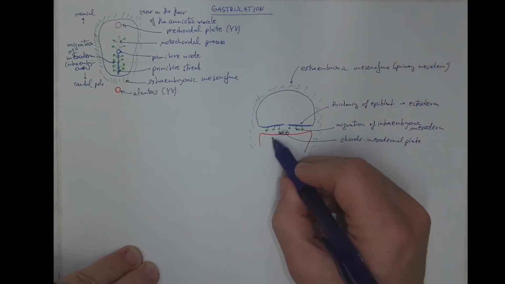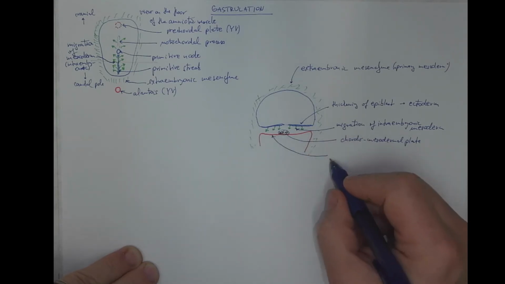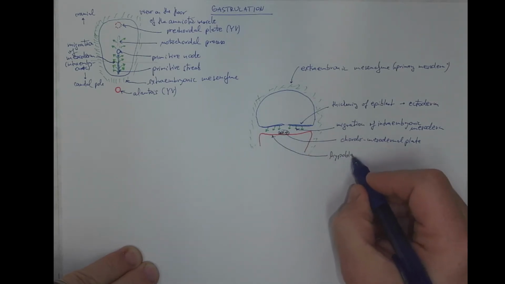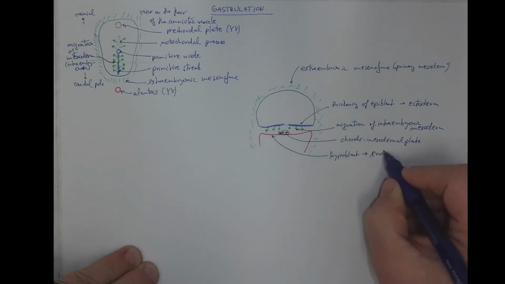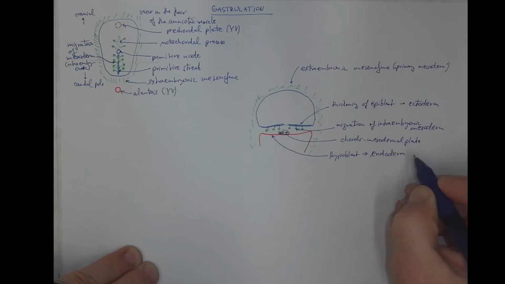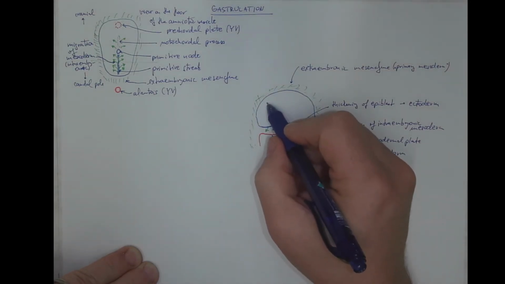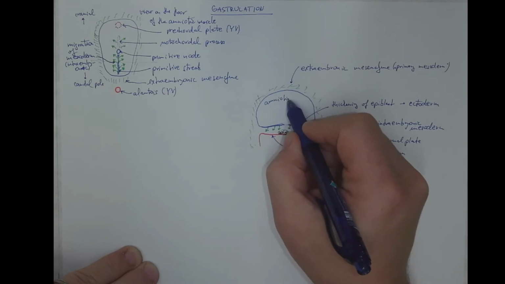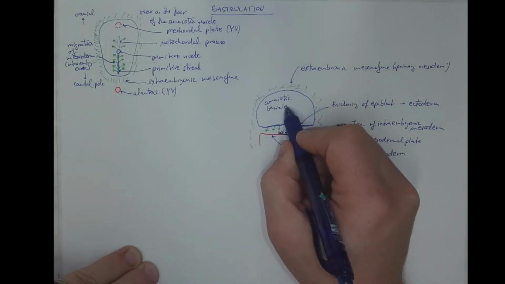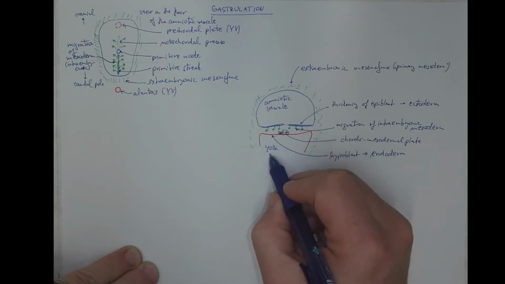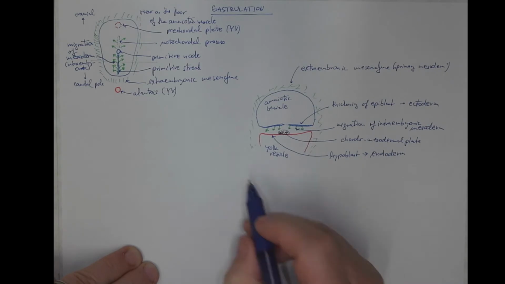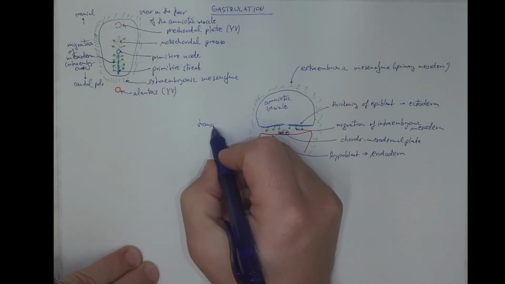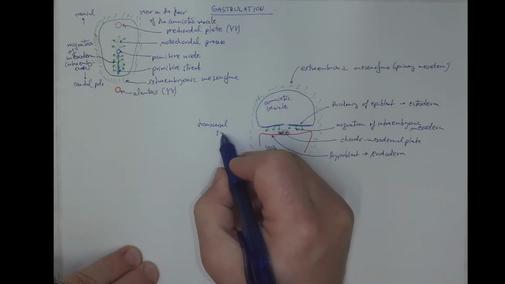This is the hypoblast that will become the endoderm, and this is the amniotic vesicle, and of course the yolk vesicle, as seen on transversal section.